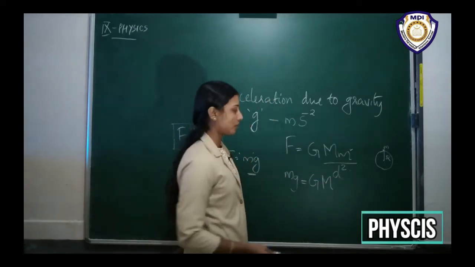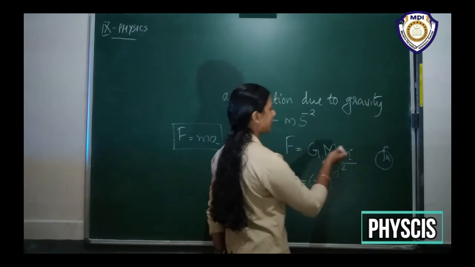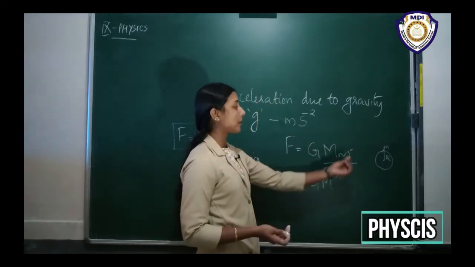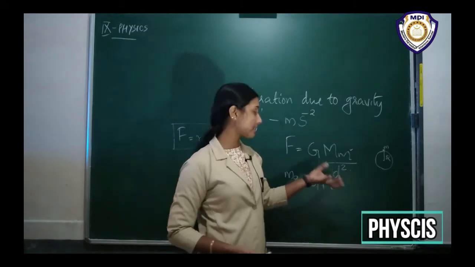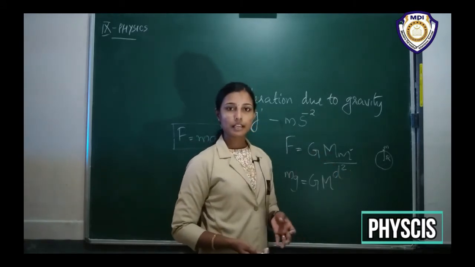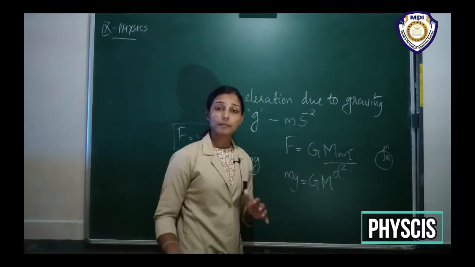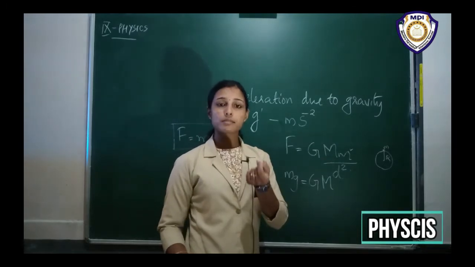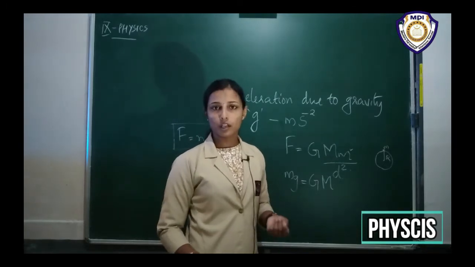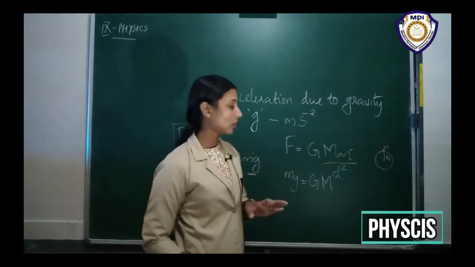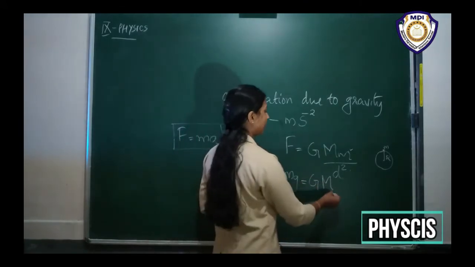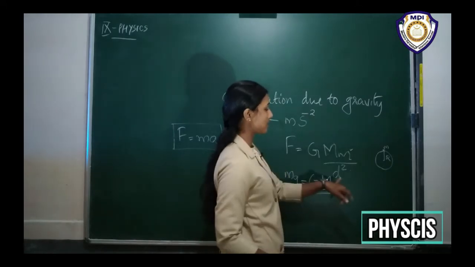When comparing to the mass of Earth, the mass of this stone is too small, we can say it is negligible. While comparing with the mass of the Earth, a stone's mass is very small, so we can neglect that mass. And what is the distance square?